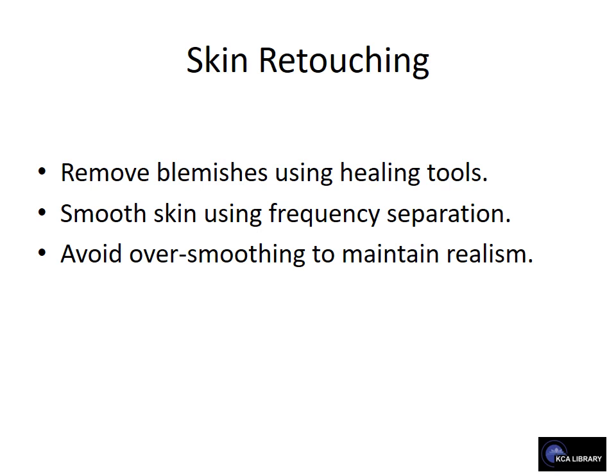It is the process of enhancing a subject's appearance by addressing imperfections and refining skin texture and tone. While striving to maintain a natural and authentic look, the primary goal is to produce polished professional images, commonly for portraits or commercial photography.